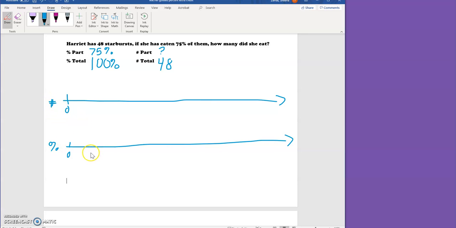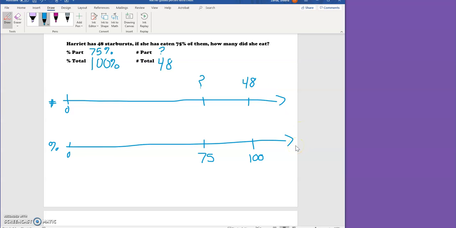When I'm deciding where and what numbers to put together, I'm going to put the two parts, so the percent part and the number part together. So on my number line, I have 75% as the part, and I don't know the number, so I'll put a question mark. The total percent is 100. And I know the total amount, so above 100, I have 48.